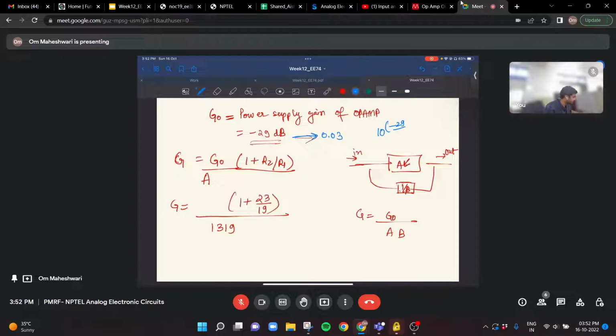Okay, let me check. Fine, this is 0.03. When we take 20 log of this value, we will get minus 84.51.